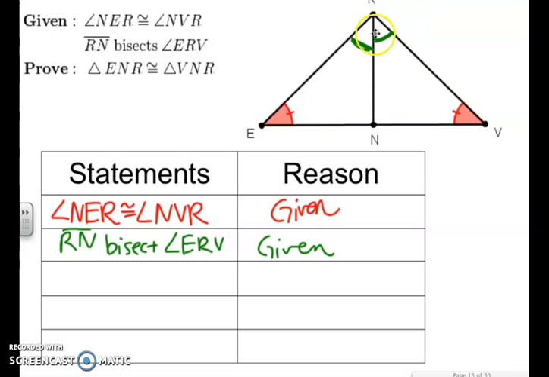So I marked that ERN is going to be congruent to VRN. Okay, so again, if you've got a bisector, it's going to split the angle in half. So I named it ERN and then VRN. Okay, why can I say that? That's the definition of a bisector.